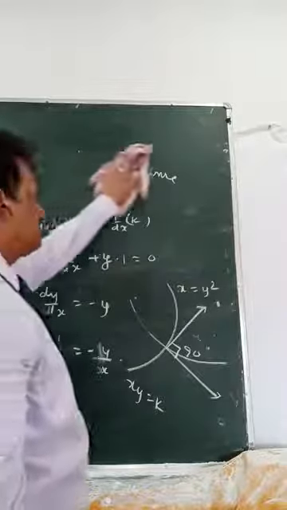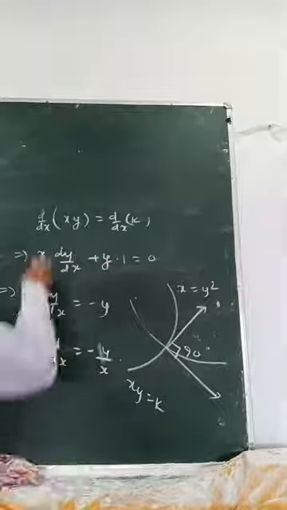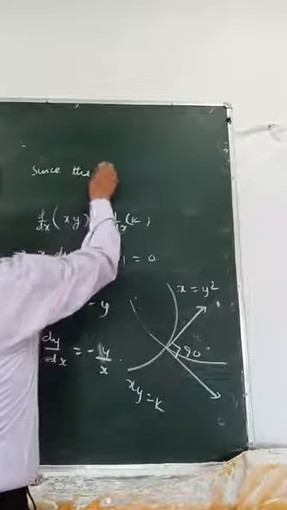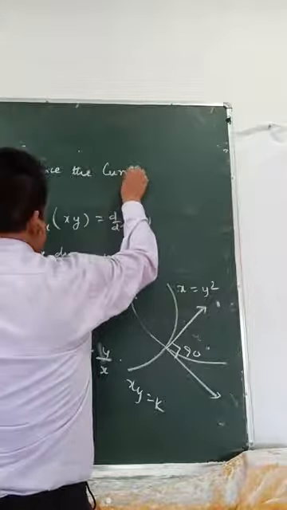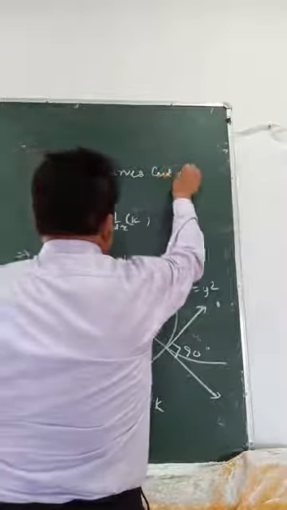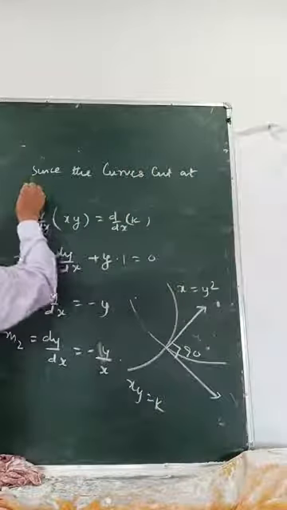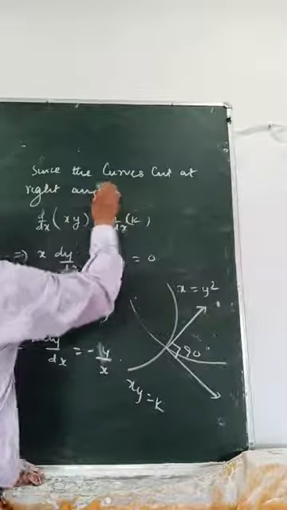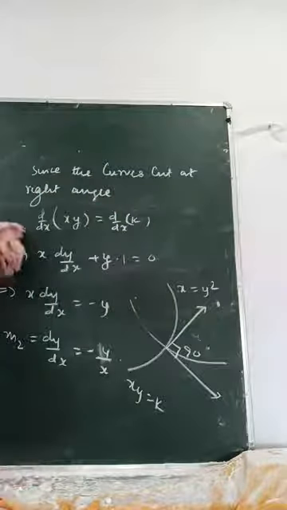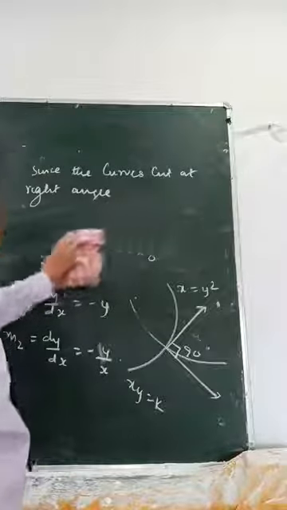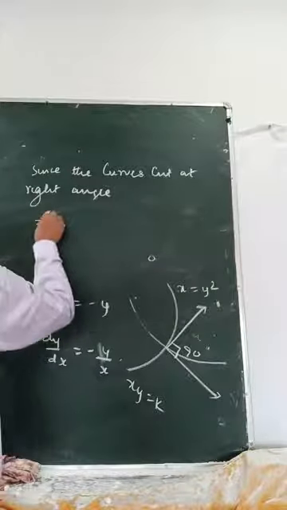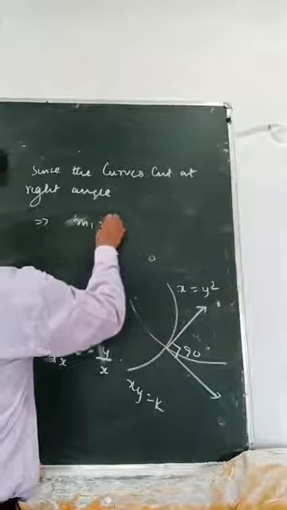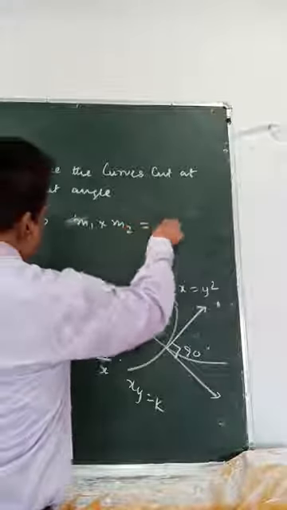Since the curves cut at right angle, this implies m1 into m2 equals to minus 1.